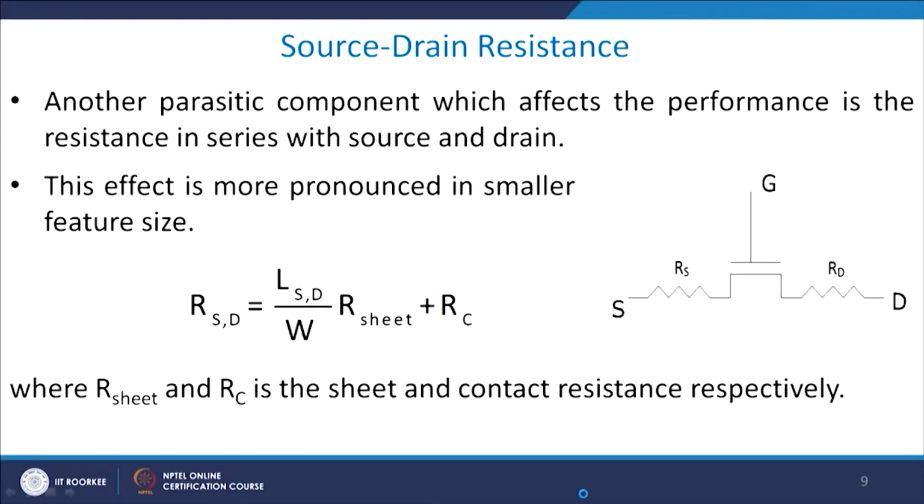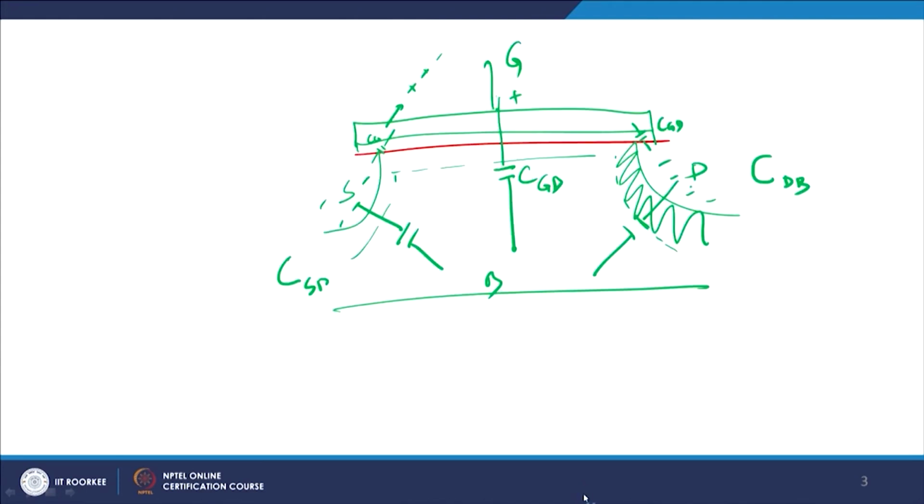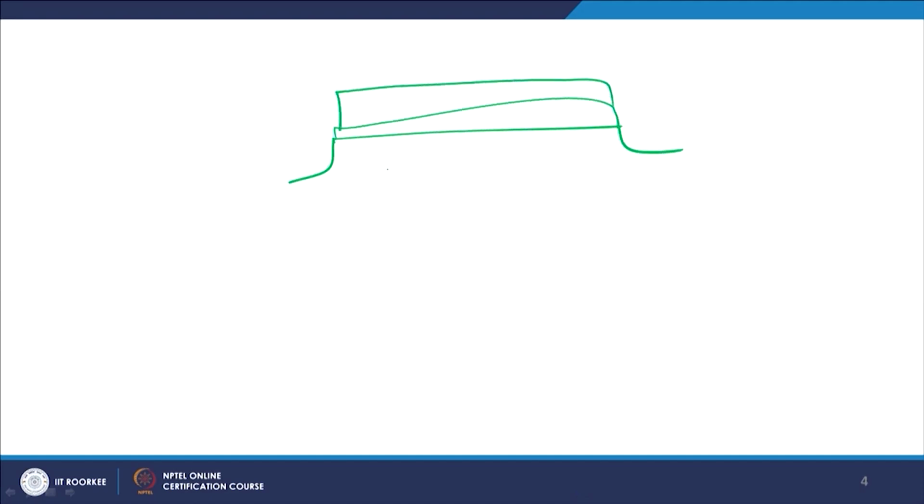Now, when you have a MOS device, you have a source and drain region available, and let us suppose these are not overlap devices. Then the electric field or channel will be largely found below these 2 points, which means that these 2 regions will still be left.